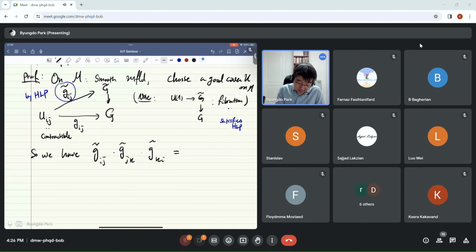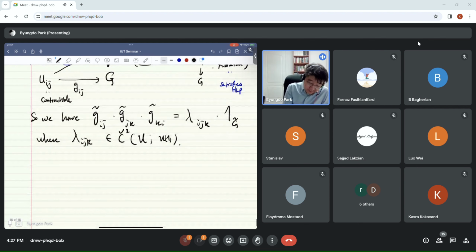However, we know that this must be lambda_ijk on triple overlap times 1 of G twiddle, where lambda_ijk is a degree 2 Čech cochain valued in U(1).